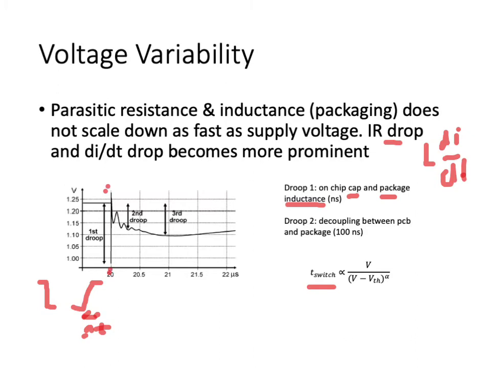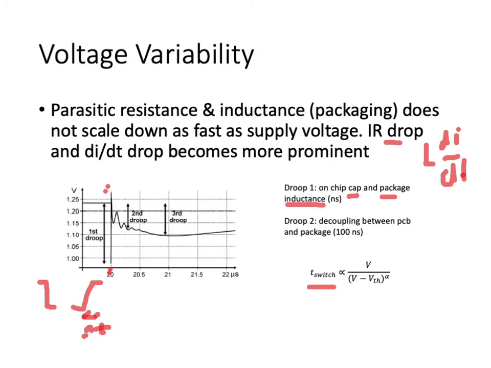As you can see, the first droop, which is a change in voltage, a very short transient change in the voltage on the order of nanoseconds, is due to the parasitic inductance of the wire bond, the packaging, as well as the large metal layers that connect to these pins.